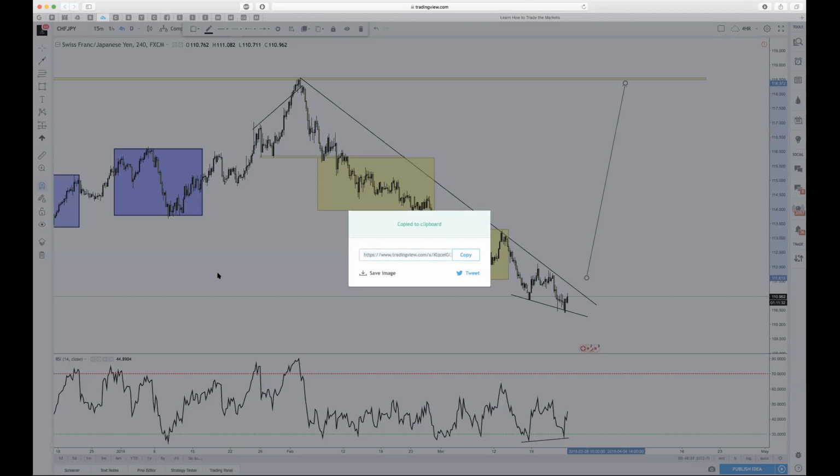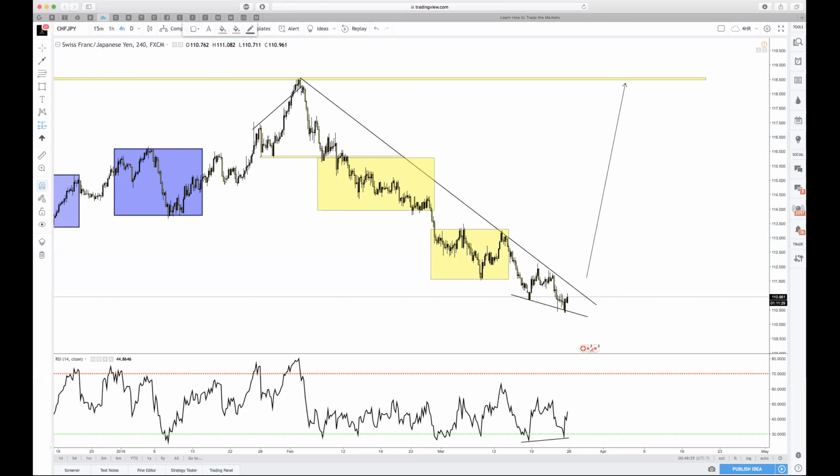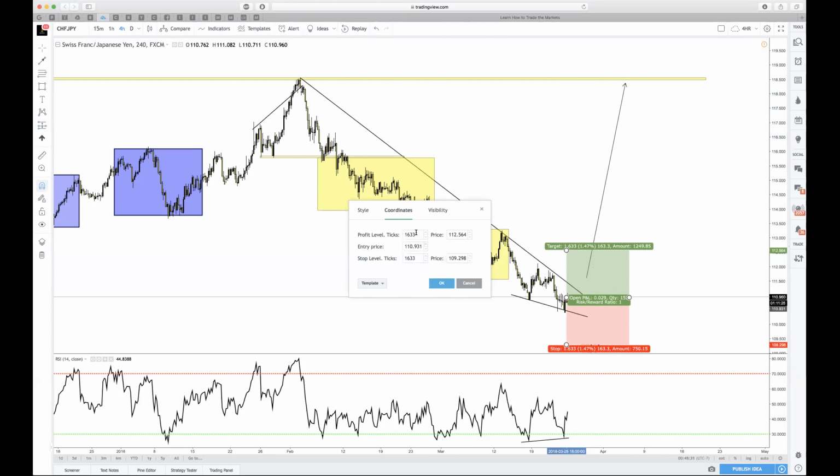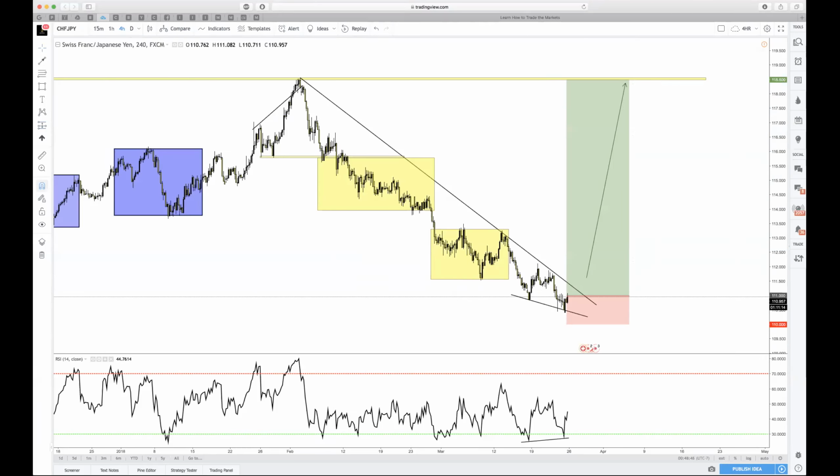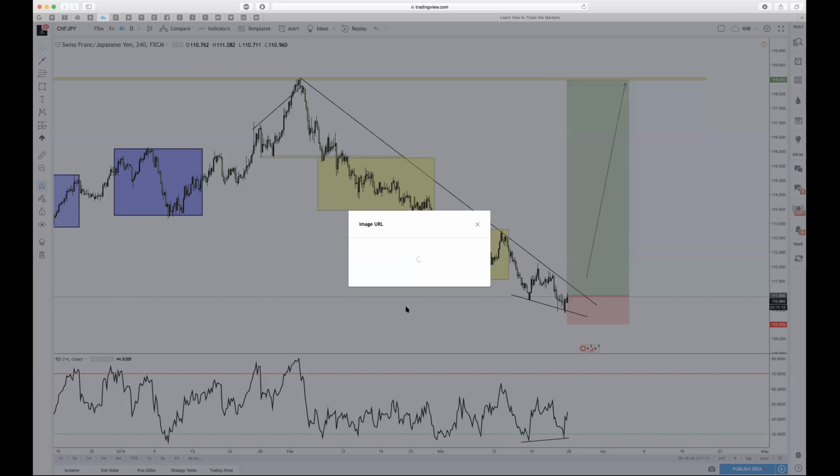Okay, take profit is 7,500 pips, entry 111. Stop loss is 1,000. That's it, done. I just put this up. Now put that up.